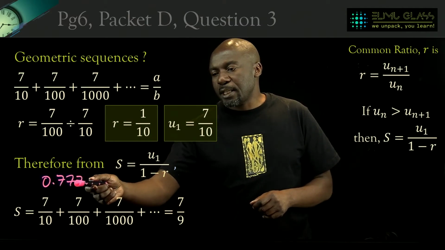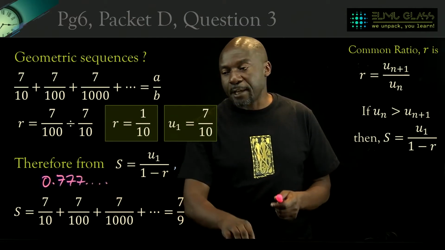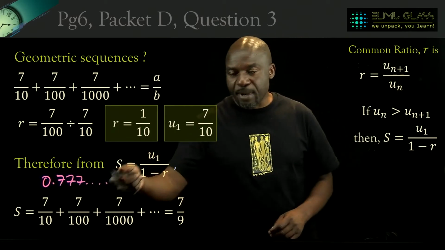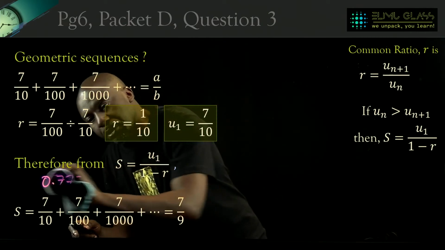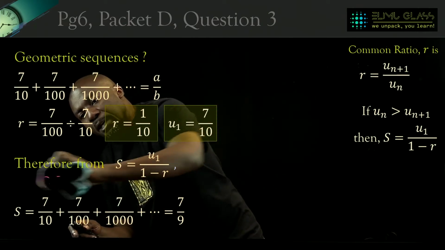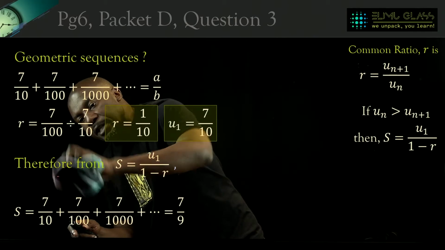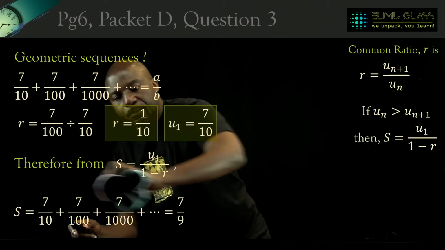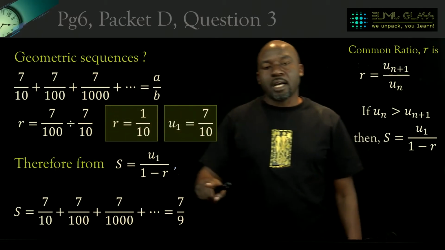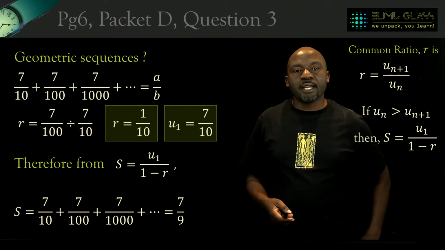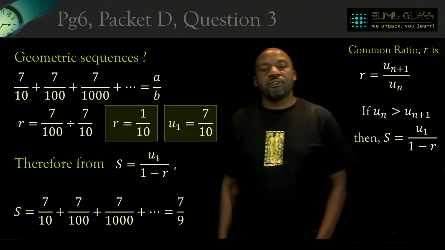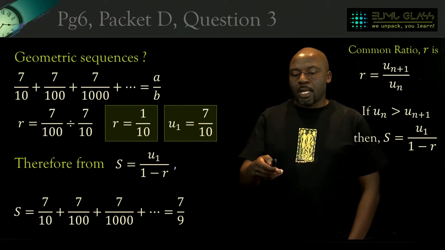Confirm that if you did that here, you would get 7 out of 9. Use the method that we've used in video number 2, lesson 2, to show that the recurring decimal 0.777 can convert to a fraction as 7 out of 9. Okay? That is how you answer this question.